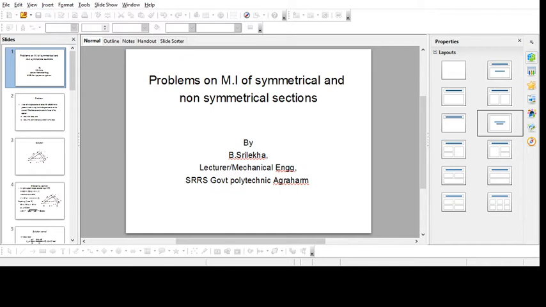After that, we found the centroidal distances, that is the distance between the centroid of the entire composite figure and that of each section. Say if section 1 is there, its centroid is x1, y1.